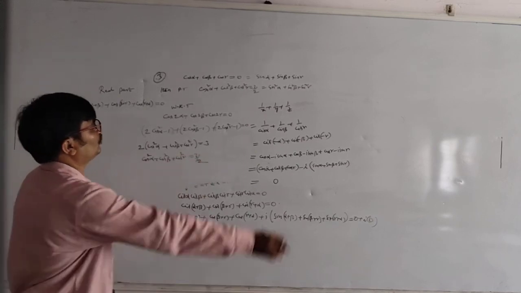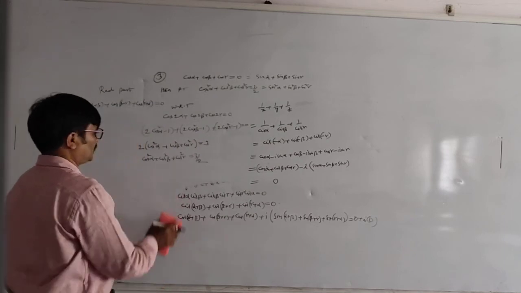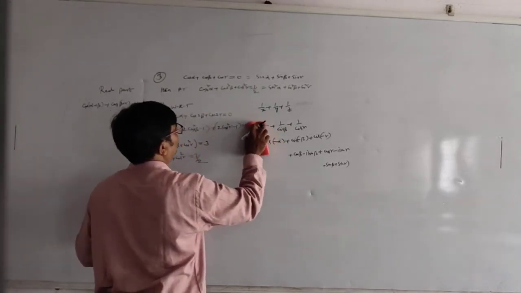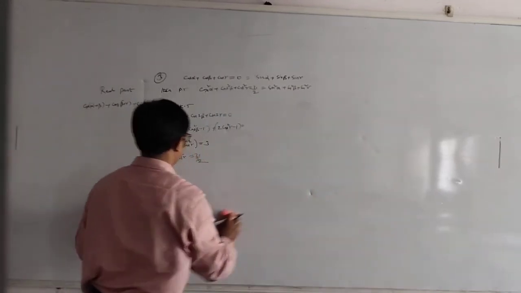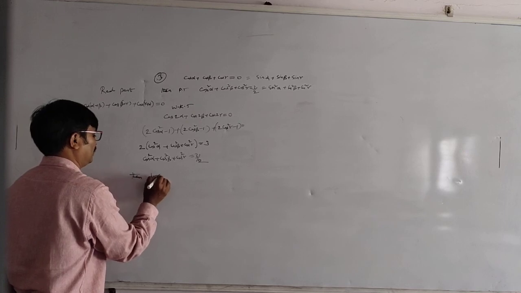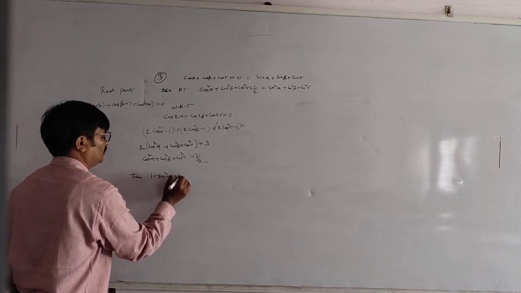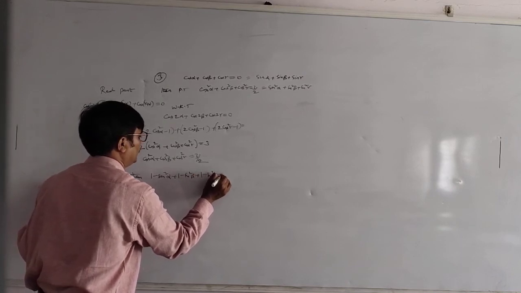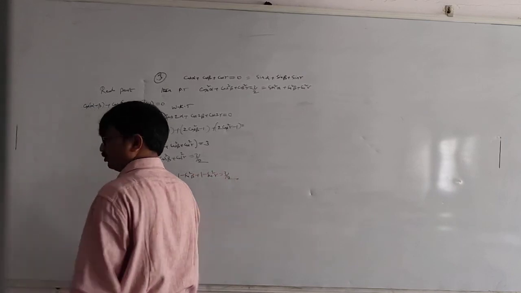So how to find this one, students? The cos square alpha can be written as 1 minus sin square alpha. Then this is 1 minus sin square alpha, 1 minus sin square beta, 1 minus sin square gamma equal to 3 by 2.